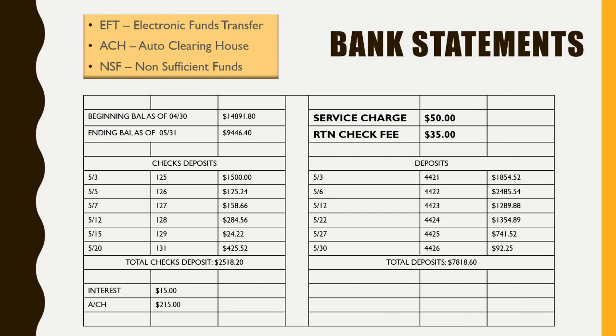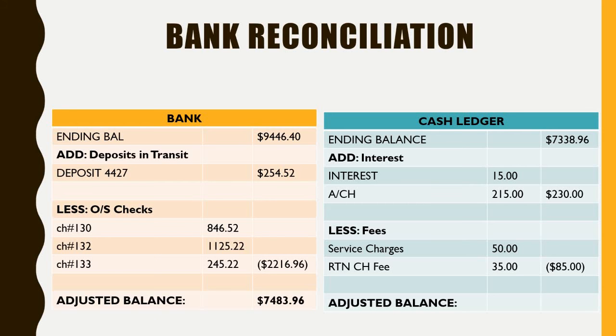So 50 plus 35, right? So we're going to list those items out here. And we have to take away $85 because they already took it away from your account automatically. They already charged your account.